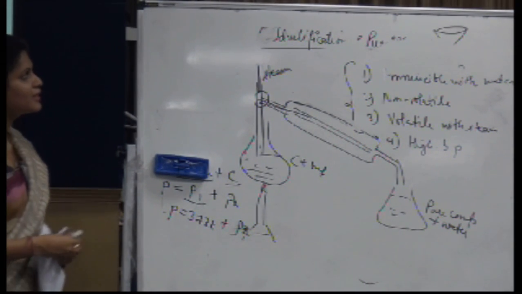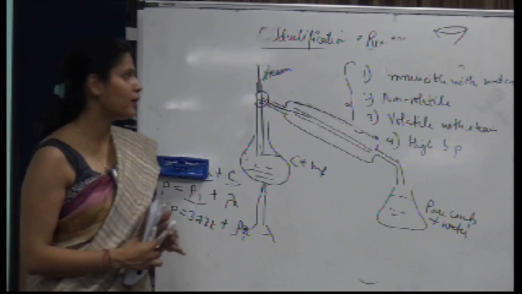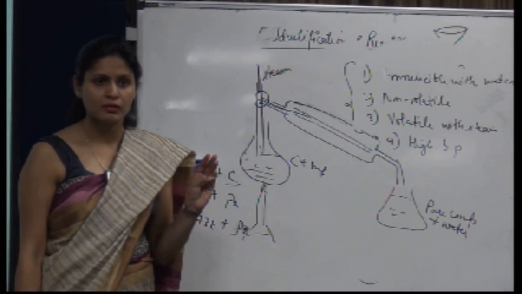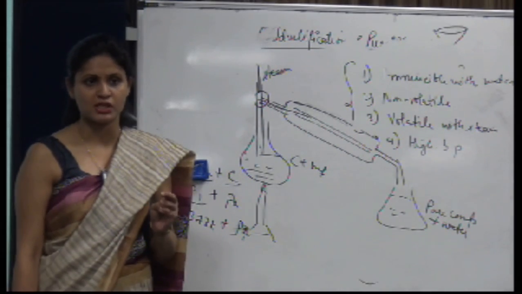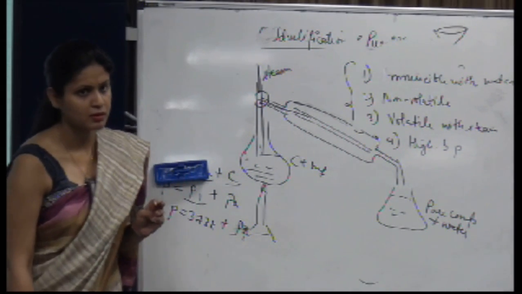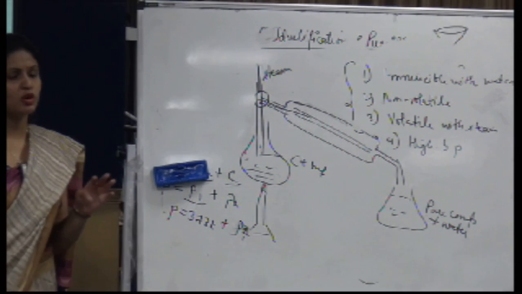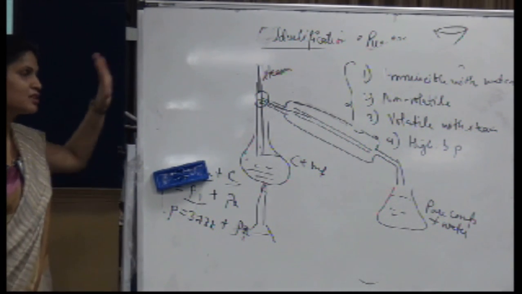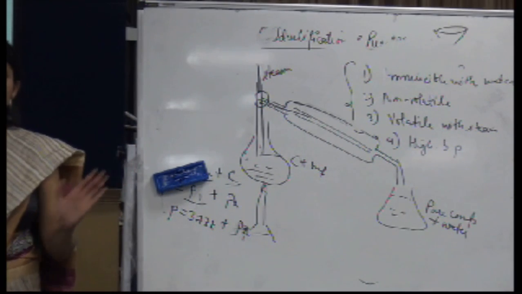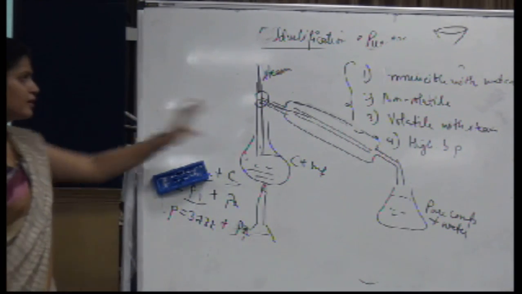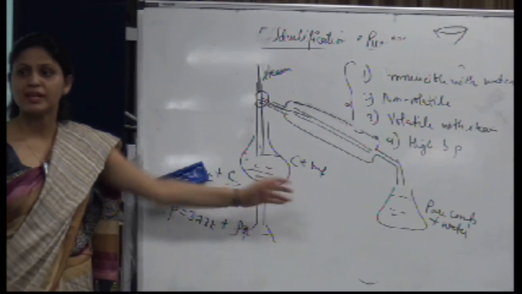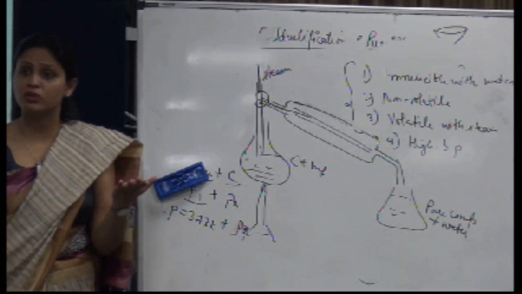This method is used to obtain the pure compound that should be immiscible with water or having a high boiling point. The main aim of using this steam distillation process is that suppose this compound has a very high boiling point, but I cannot provide that much heat to the compound.